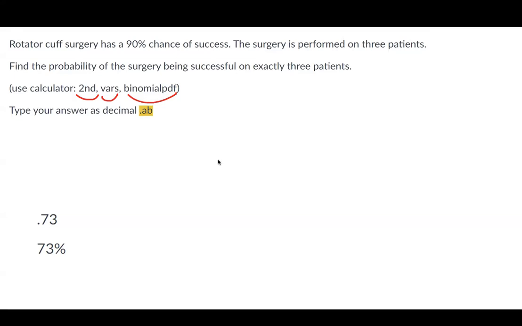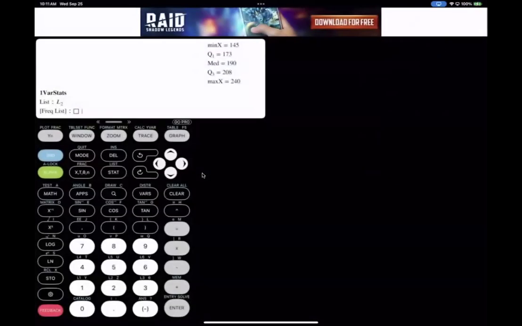So let me share my screen. Perfect. So you're going to click on second here, and then you're going to click on VARS down here.